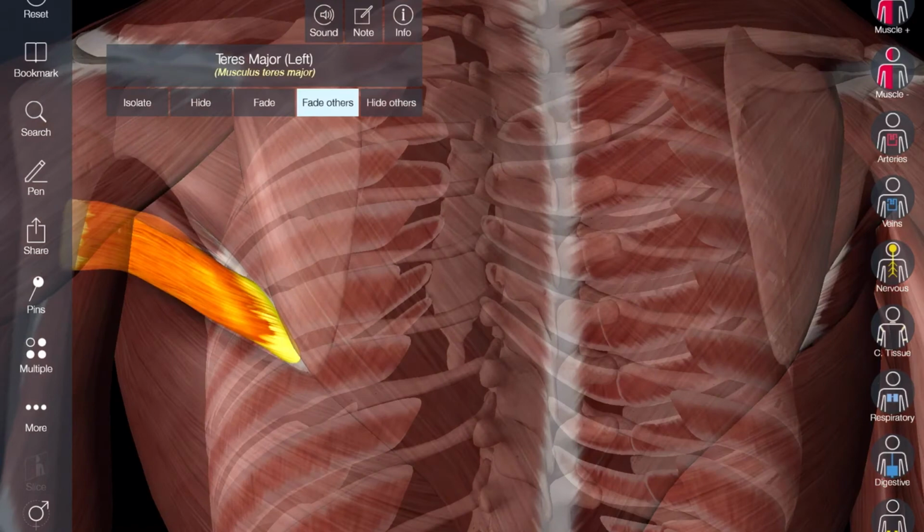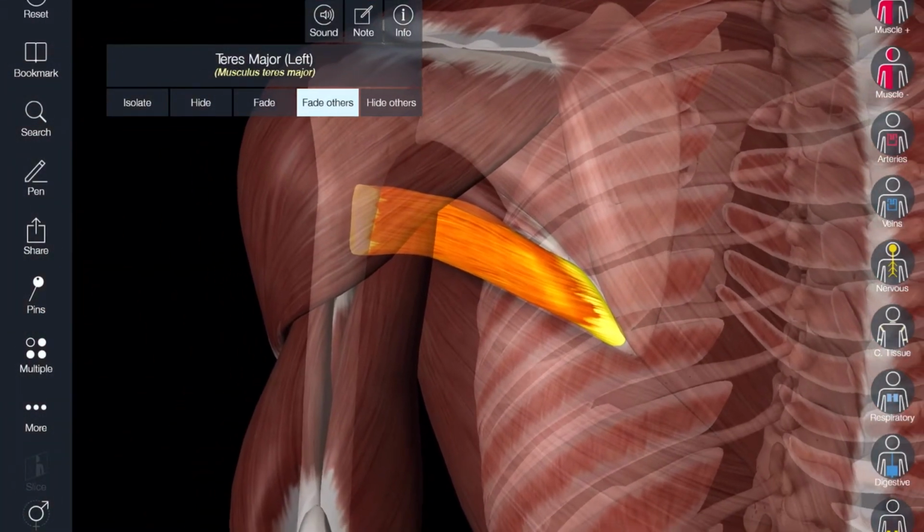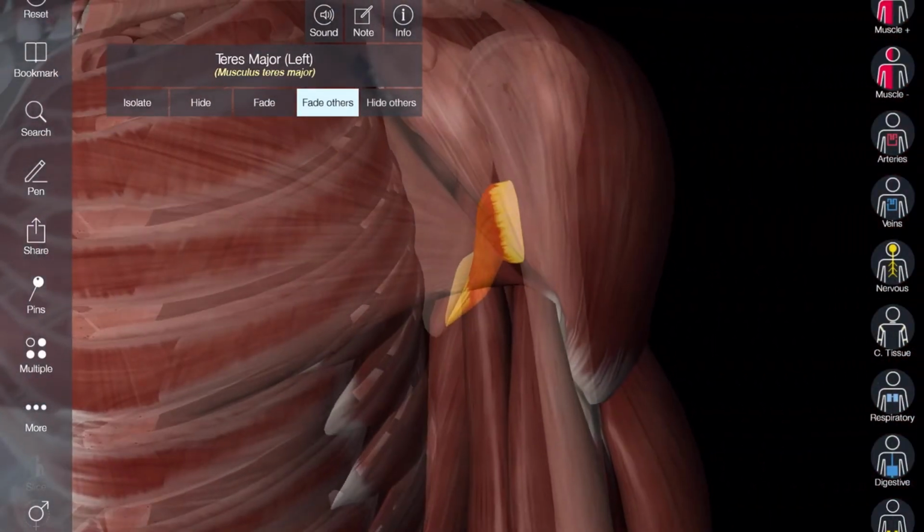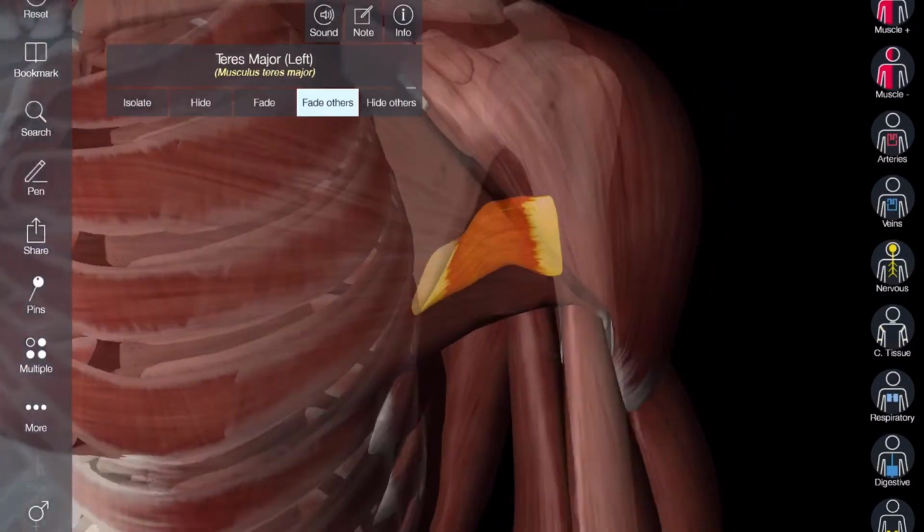Teres major, actions. So teres major goes through the armpit the same way that latissimus dorsi does. So it starts in the back and then goes anteriorly to attach to the front of the humerus. And so if it's going to rotate the humerus, how's it going to do it?